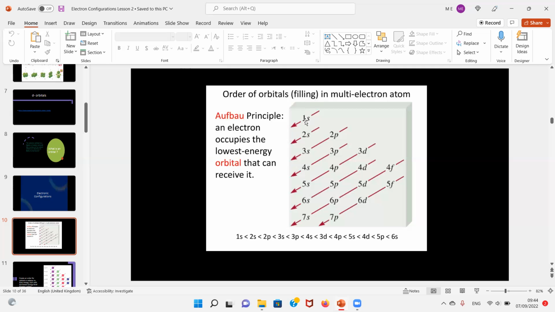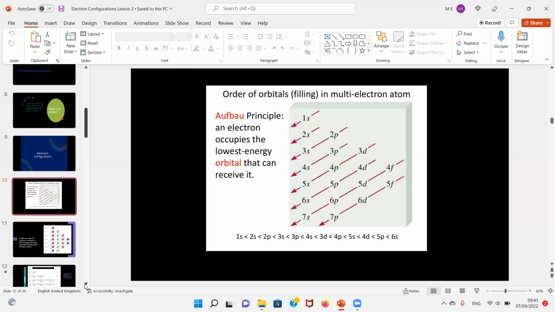Because the 1s has the lowest energy, and therefore it will occupy it first. If you have extra electrons, they will go to 2s. If you have more extra electrons, they will not jump to 3s, they will go to 2p. So it's 1s, 2s, 2p, 3s, 3p, 4s, etc.